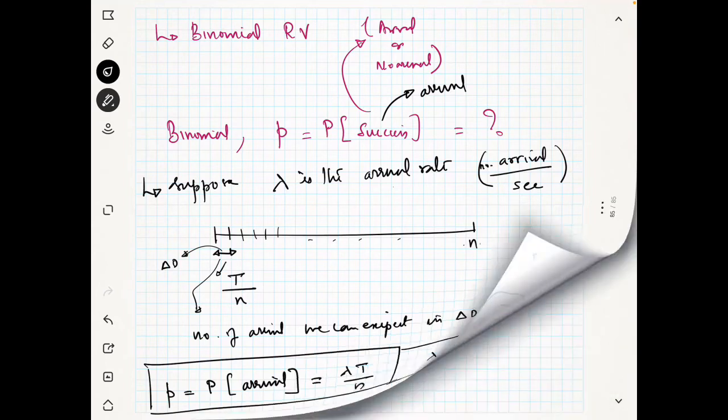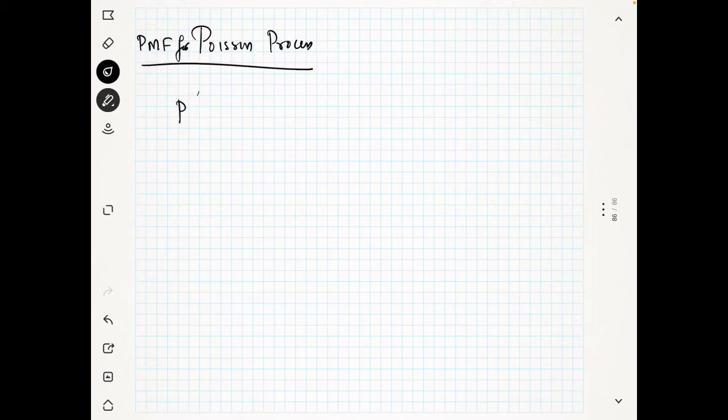So we can represent the Poisson process, and its probability mass function, as the probability that x of t, the total number of arrivals, takes some value.